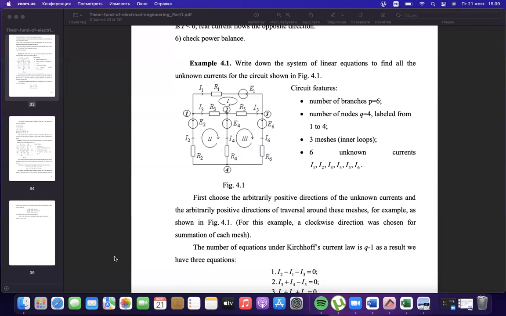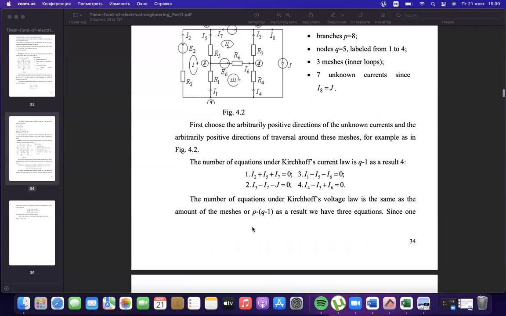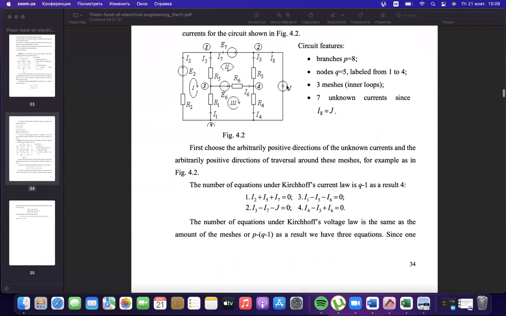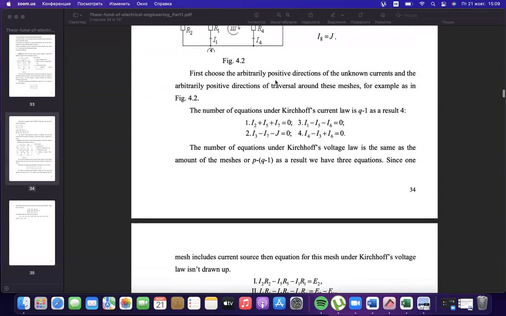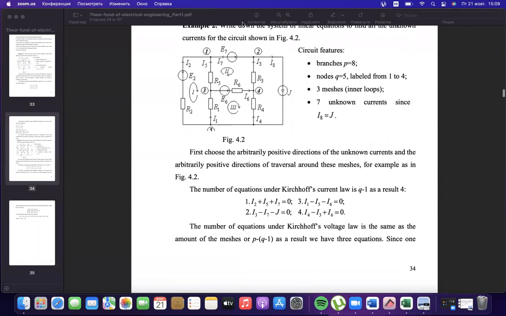But if we have some current source inside our circuit, then we should take at least one external mesh just to make this constant disappear from the equation that we want to solve, because it is an additional unknown variable.